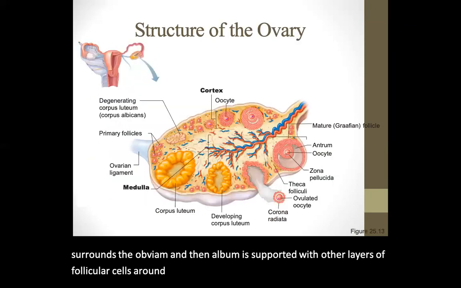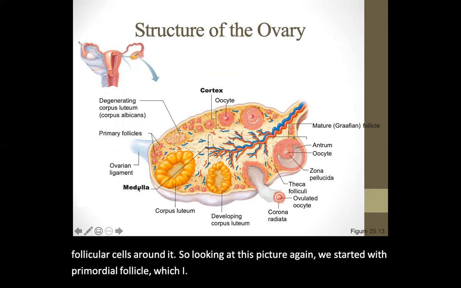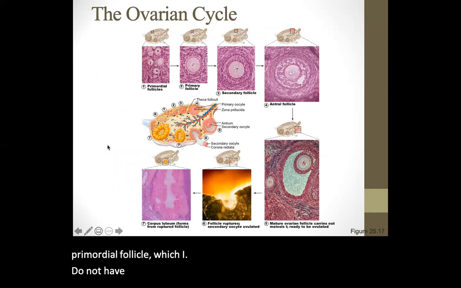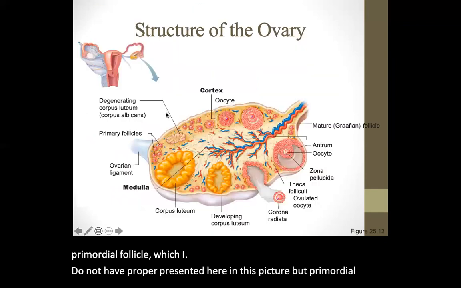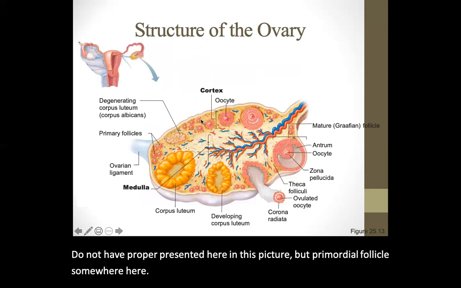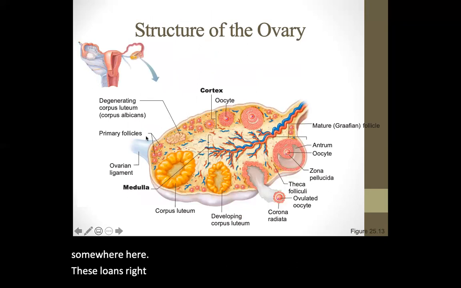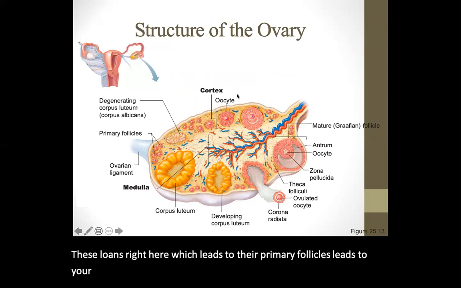So looking at this picture again, we started with the primordial follicle, which I do not have presented here in this picture, but the primordial follicle is somewhere here, these ones right here, which leads to the primary follicle. Primary follicles lead to your secondary follicles, which are these.